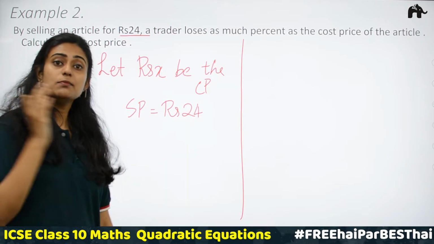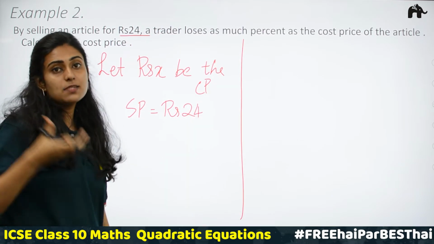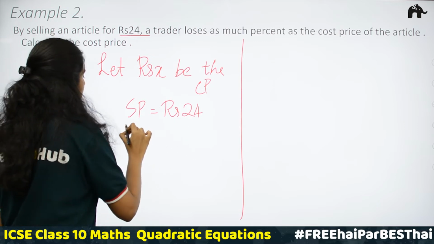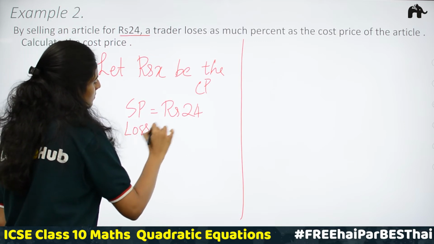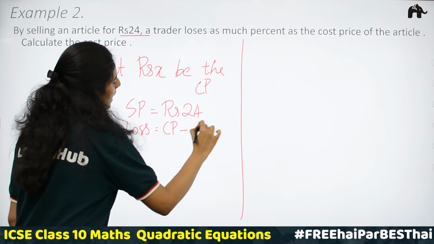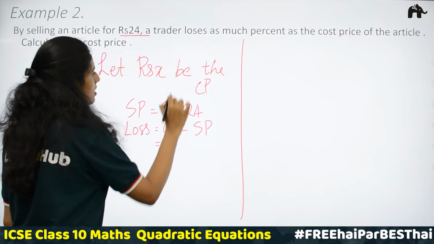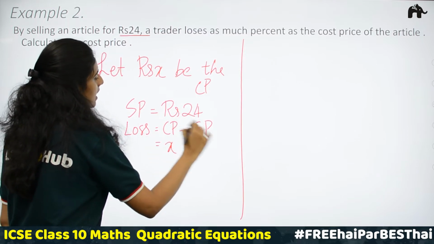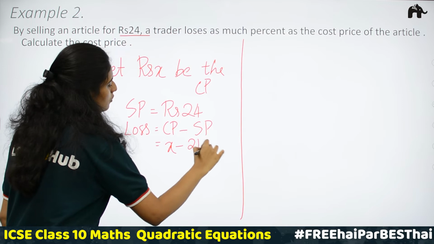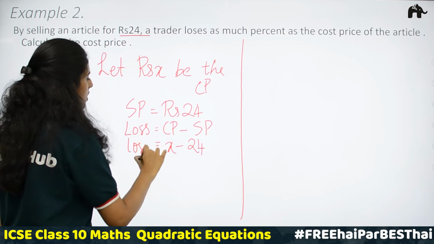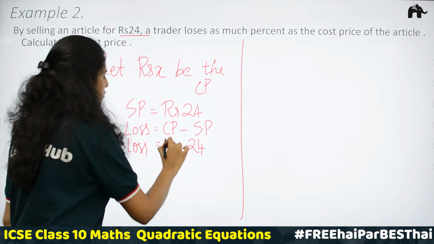We have selling price is equal to cost price minus loss, from which we can write loss is equal to cost price minus selling price. Here cost price is X and selling price is 24. Therefore, loss is equal to X minus 24.